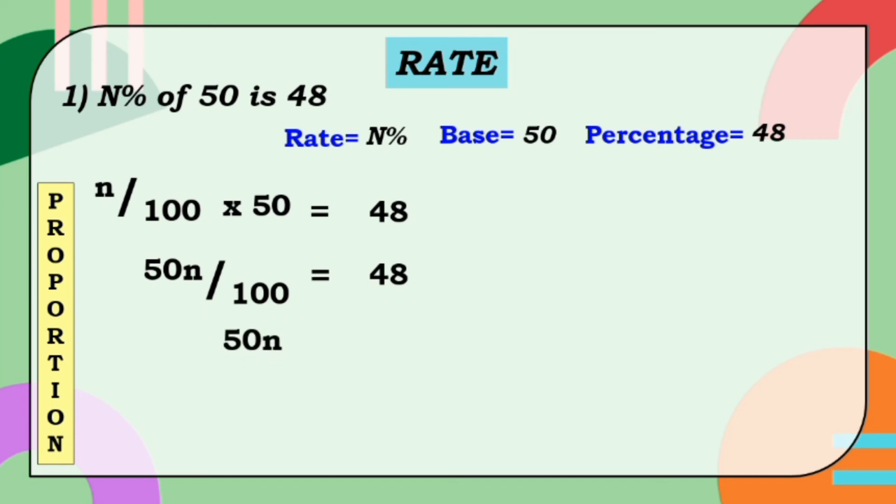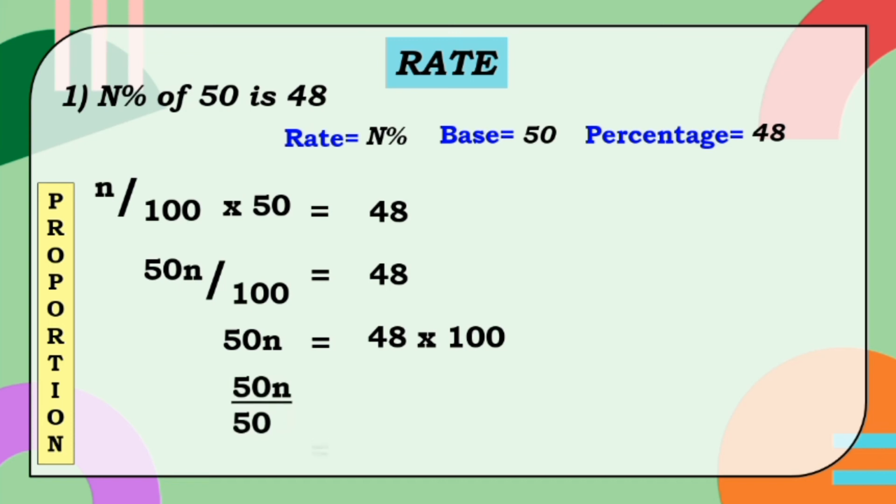Iwan natin yung 50n equals 48. I-transfer natin yung 100 sa tabi ng 48. So, mag-change tayo ng operation pag nag-transfer tayo from division, magiging times 100. Para maiwan yung n, i-divide natin yung 50 sa both sides.